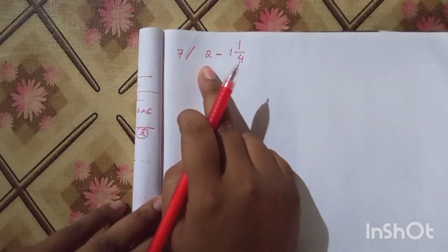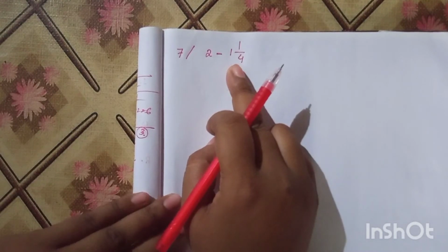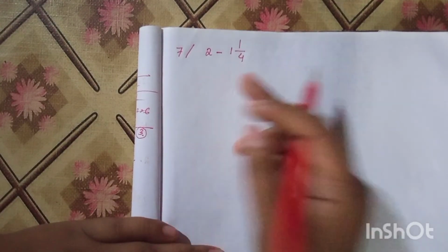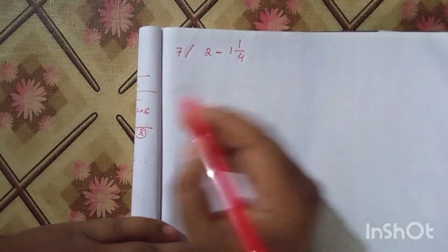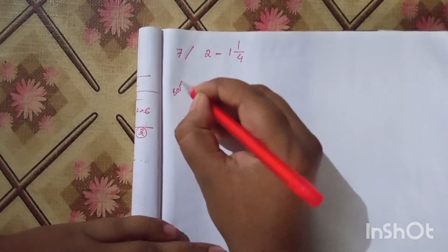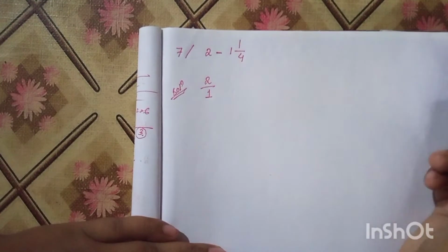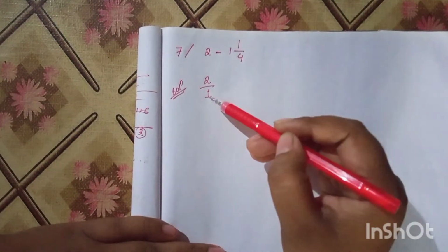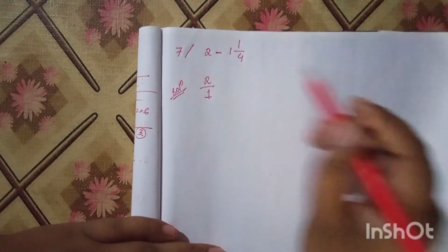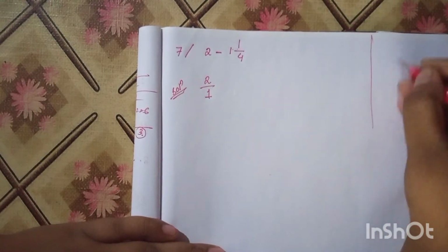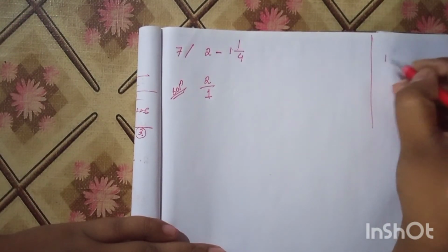Now look at this. Here one is a whole number and another is a mixed fraction. So in this case, what should we do? We know that when we have a whole number, it should be converted into a fraction by adding 1 as the denominator. But what should we do here? It's very simple.